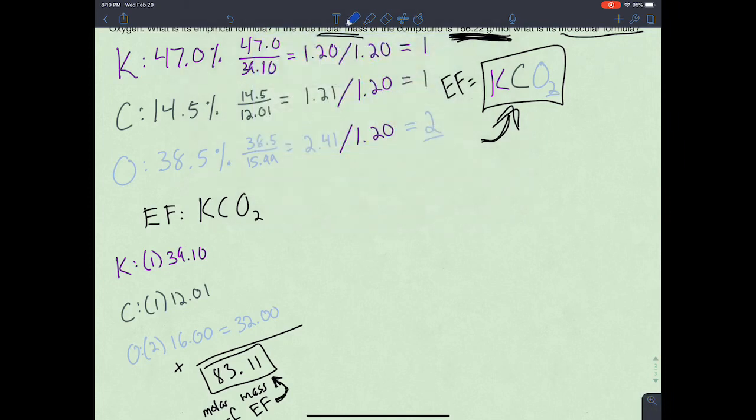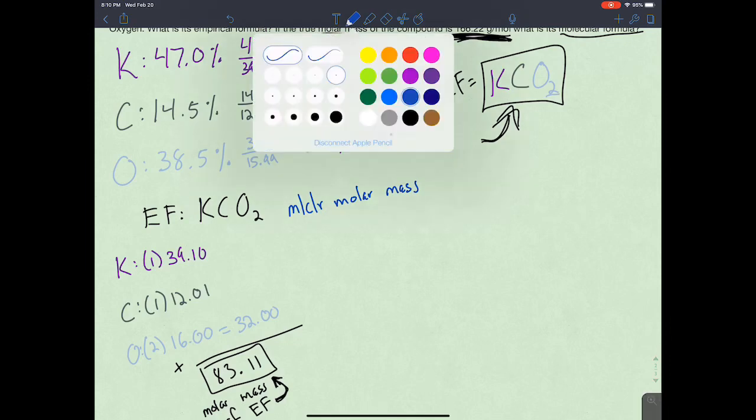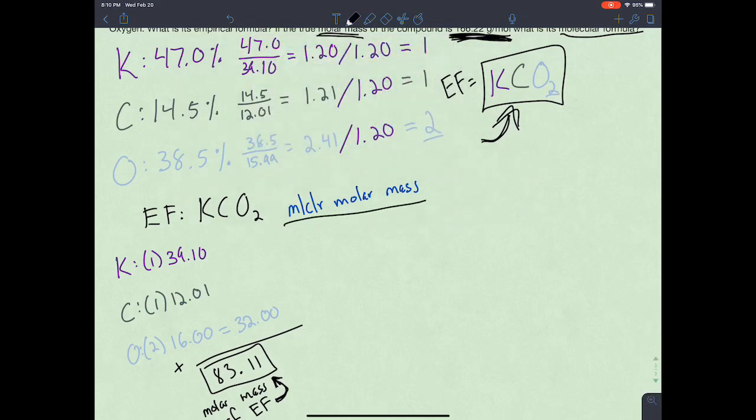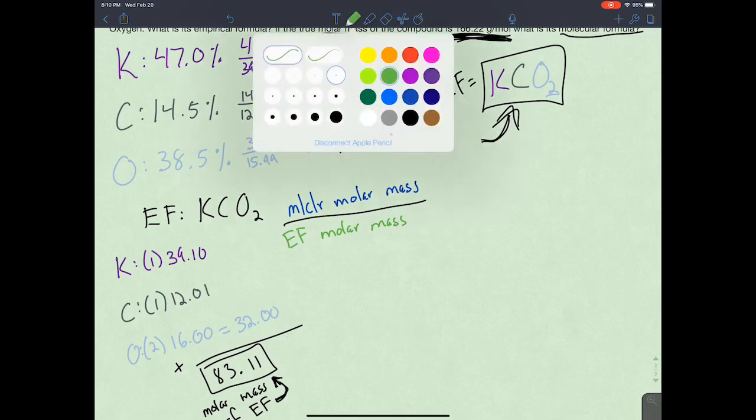We're going to do that by taking the molecular molar mass and dividing it by the empirical formula molar mass. Because what is division? Division is telling me how many times this goes into this. That's what dividing tells us.